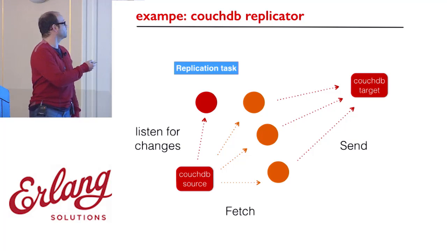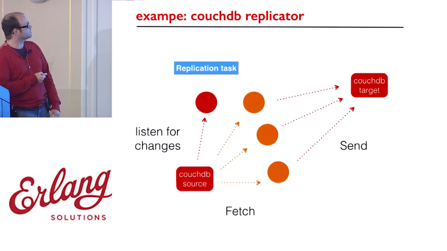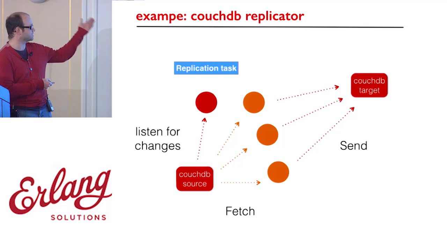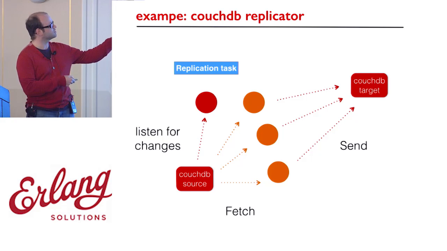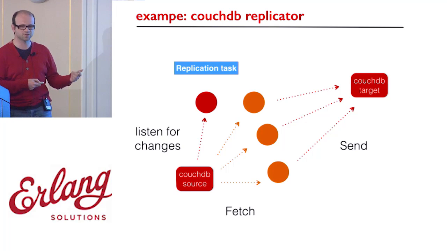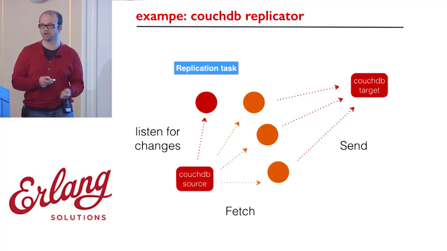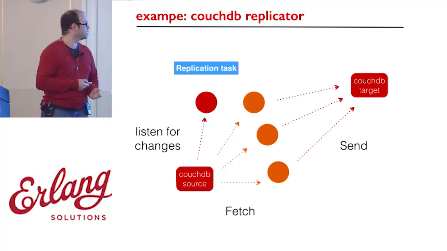So when you launch a replication task, the first connection launched is a listener that is listening for changes on the source. And when a change happens, it fetches documents and attachments. Attachments are blobs attached to documents, just like you can have attachments attached to your mail.